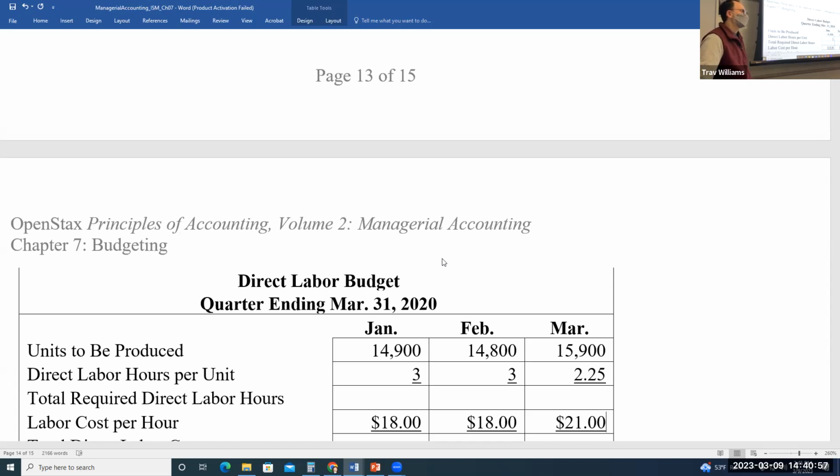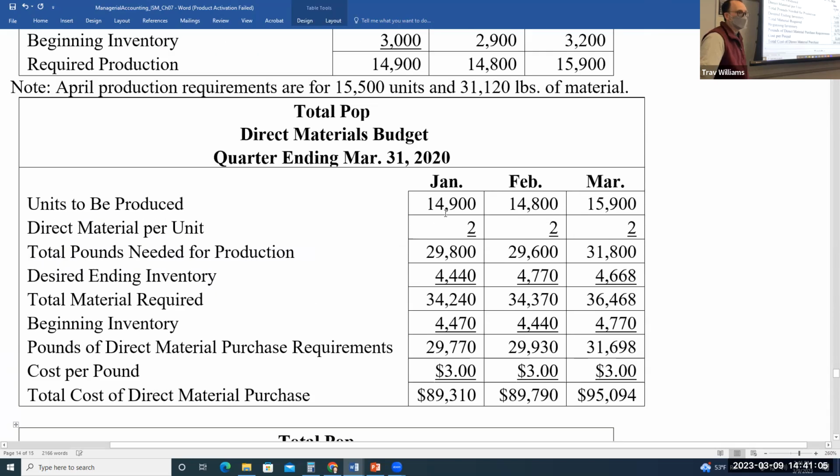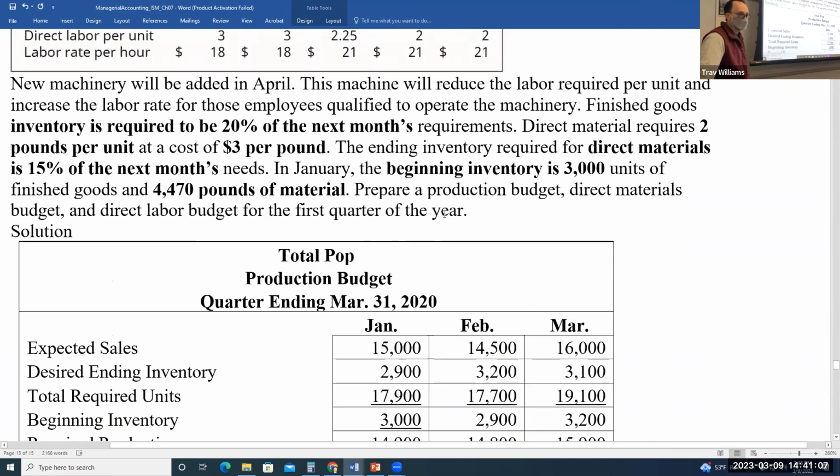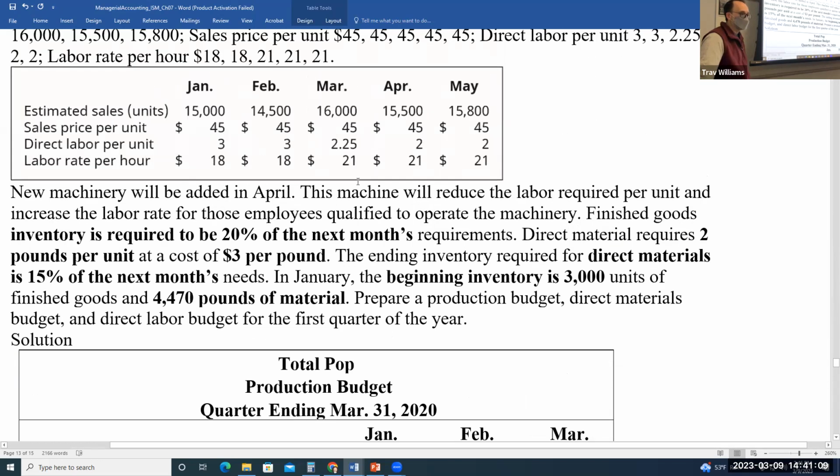So they have to either train the employees and pay them more or bring in employees that already have those skills. So that's the thinking on this one. Why we're seeing these changes start in March when the new machine doesn't come until April, that I don't know. But that's the basic explanation. Good question, Joseph.